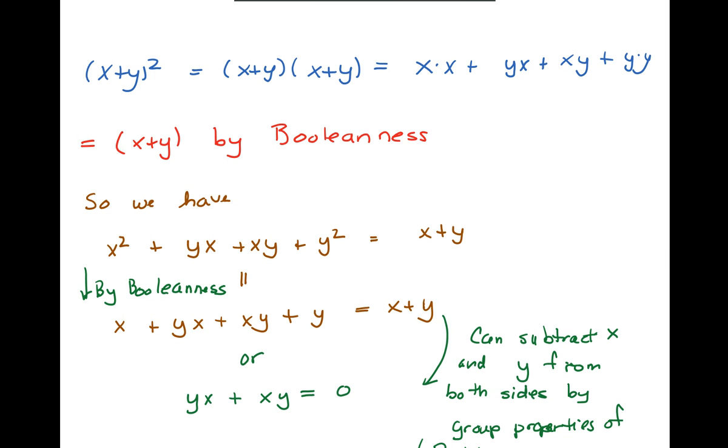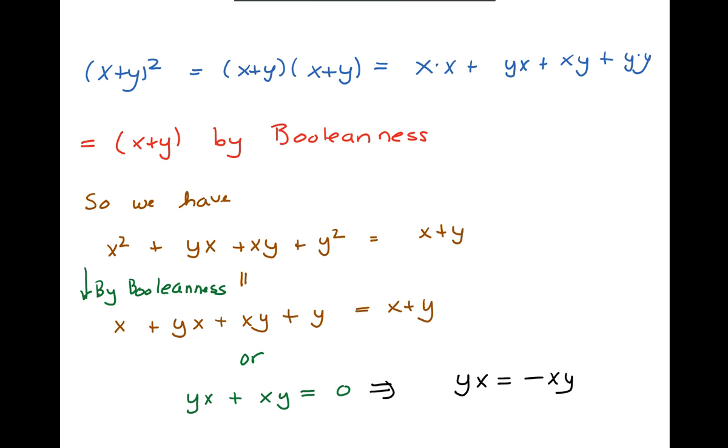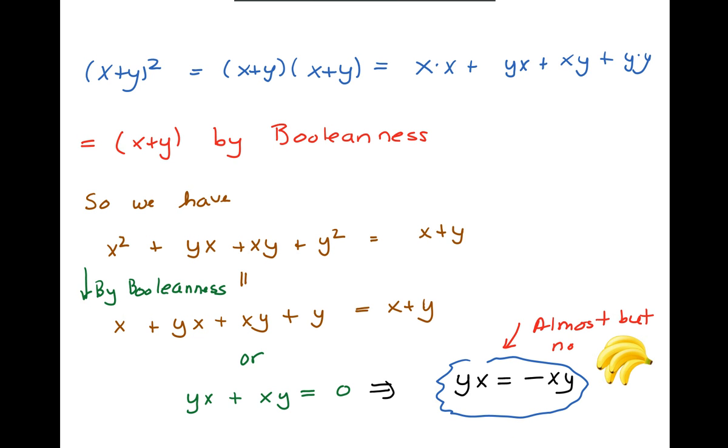And then I can subtract the x and y from both sides because R is an abelian group under plus, and cancellation by plus is okay. That leaves me with yx plus xy equals zero, which gives me yx equals minus xy, which a lot of you actually got in class, and it was disappointing because really what you need is yx equal to xy, not minus xy. So you felt a little bit sad there, almost, but no bananas.